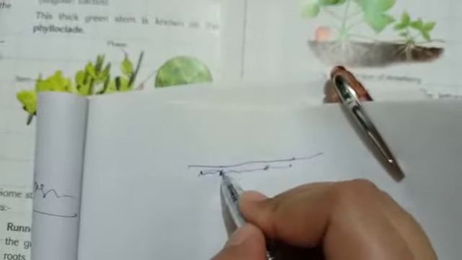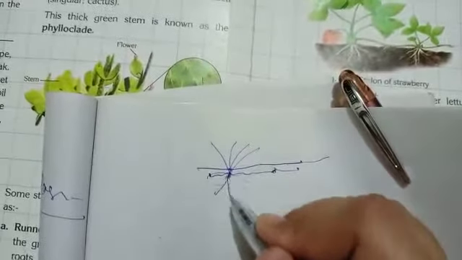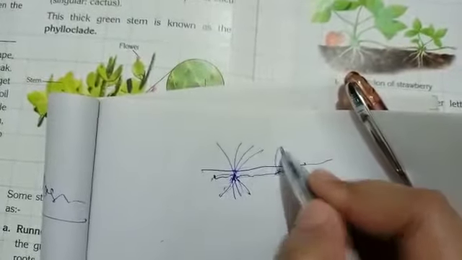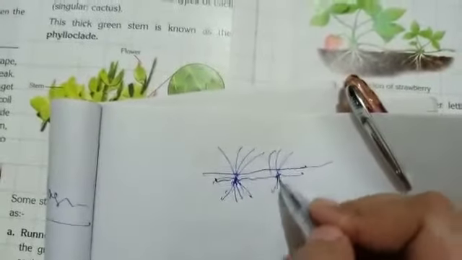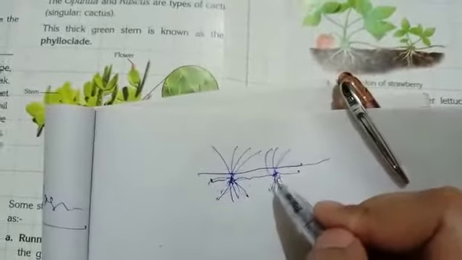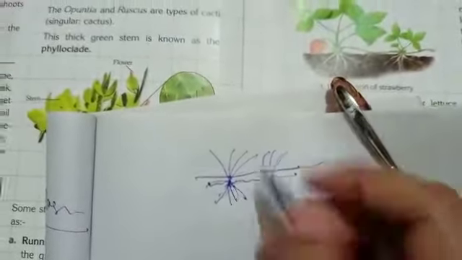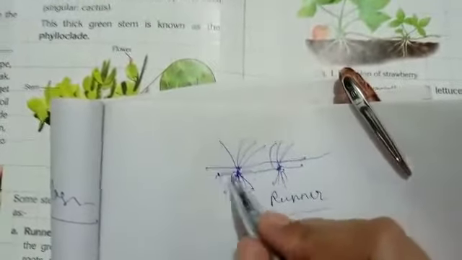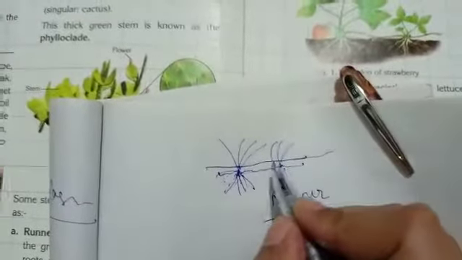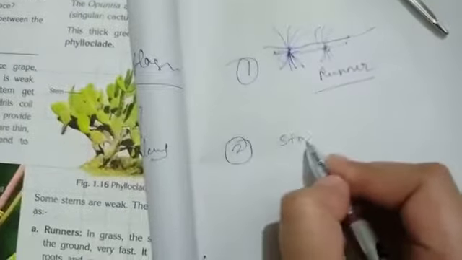Now at each node the leaves come out of the surface, and below the ground the roots grow, okay, downwards. So this type of stem or this type of plant is called a runner. Why is it called a runner? Because the stem runs just parallel to the ground, okay, that's why it is called runner, the first one.